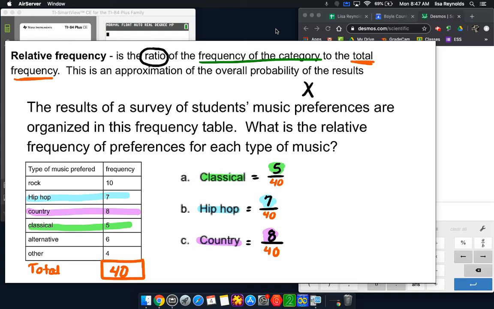And one thing that a lot of you tend to forget is to simplify your fractions. 5 over 40 will simplify to 1/8. 7 over 40 is simplified, and 8 over 40 will simplify to 1/5. So it's a ratio. We have our frequency for that particular category over the total. The total is simply a sum of all the frequencies, and then we simplify those fractions.